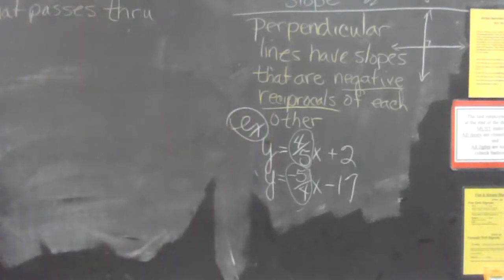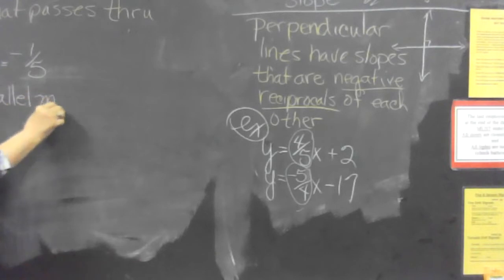So if I have a slope of -1/5, okay, give me the parallel slope to that.